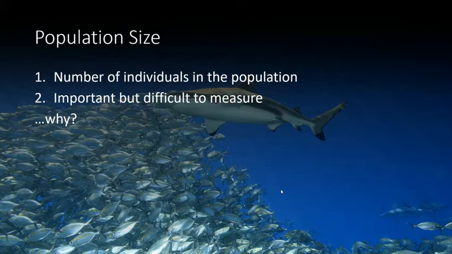If you have a field, how do you measure the number of mice in that field when the mice are always moving around? The same thing for the ocean, especially the ocean, where you have schools of fish. Like, how do you measure the number of fish? So it's good to know the population size, but it's always a challenge to measure it.